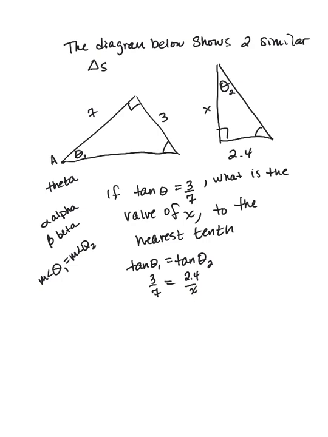Okay, kids, so now you're going to have to cross multiply and solve this proportion. To do this without a calculator, I'm going to divide both sides by 3, dividing 2.4 by 3, which is 0.8. And then 0.8 times 7 will be my answer, which is 5.6.